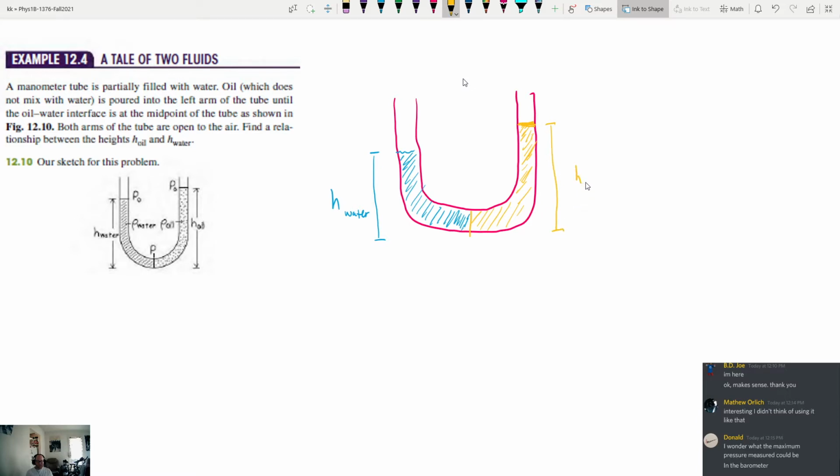As bad as my picture looks, it is still much more pleasing to my eyes, at least, than looking at this blurry nonsense that happens whenever this book gets converted into a PDF. So, we want a relationship between the height of the water and the height of the oil, and the one thing I also hate about the textbook is that these pictures tell you too much information.